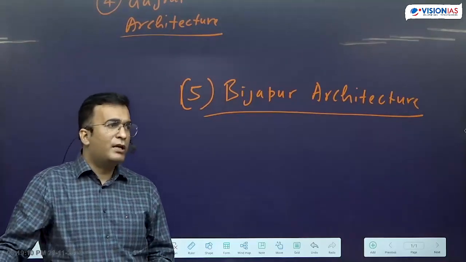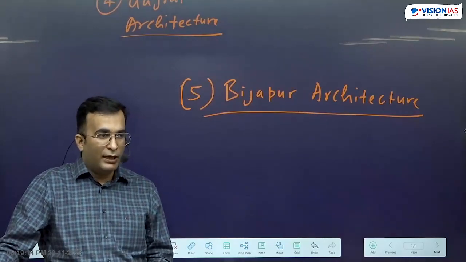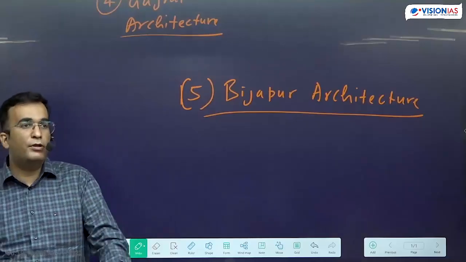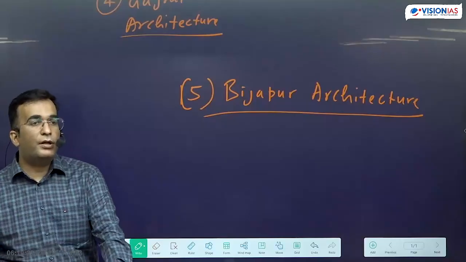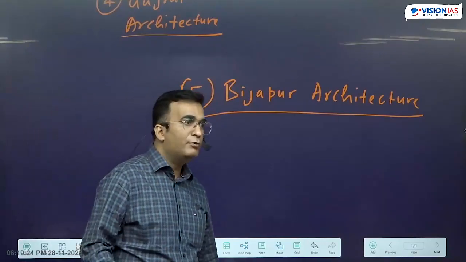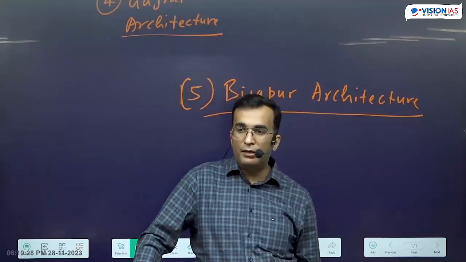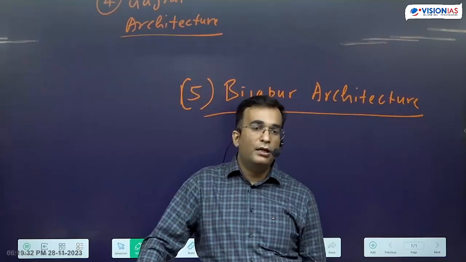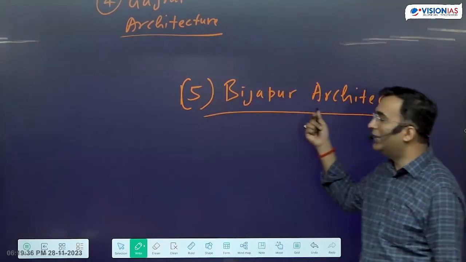Bijapur architecture developed under the Adil Shahi dynasty of Bijapur. In the medieval period, when you study about the Bahmani kingdom, have you studied about it? There came a phase when the Bahmani kingdom was divided into 5 houses: Bidar, Berar, Bijapur, Ahmednagar, and Golconda. In Bijapur, the Adil Shahi dynasty was there.